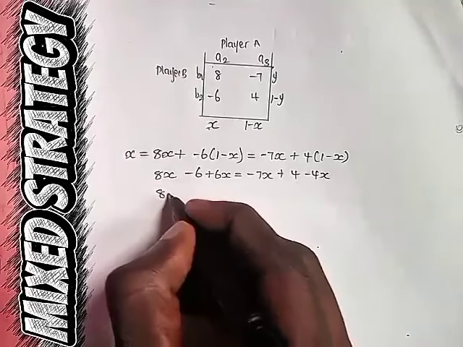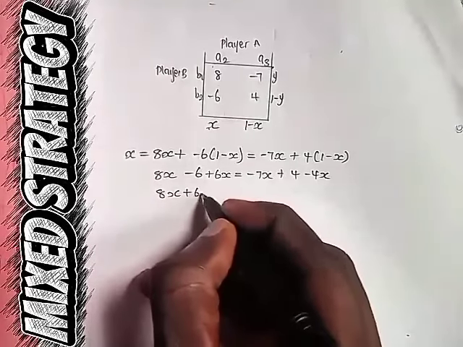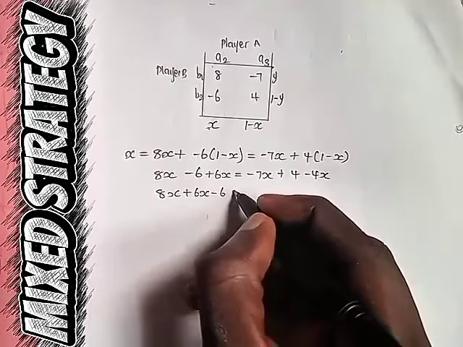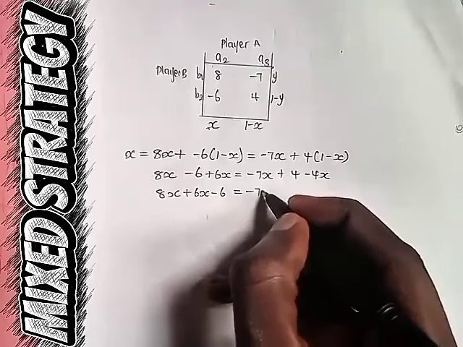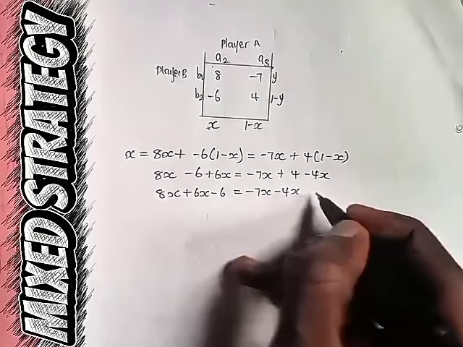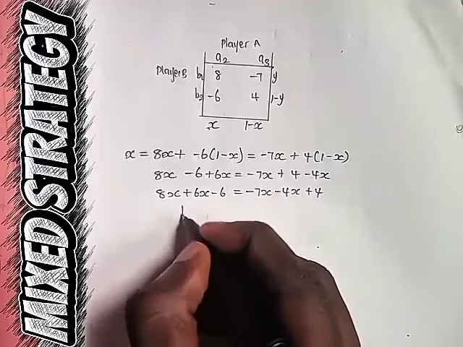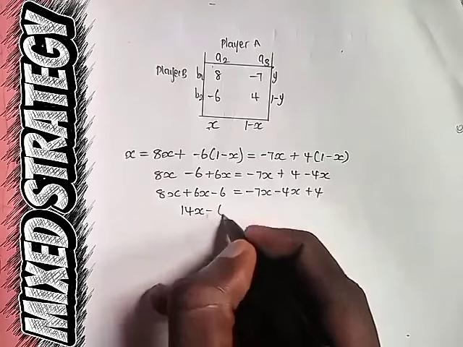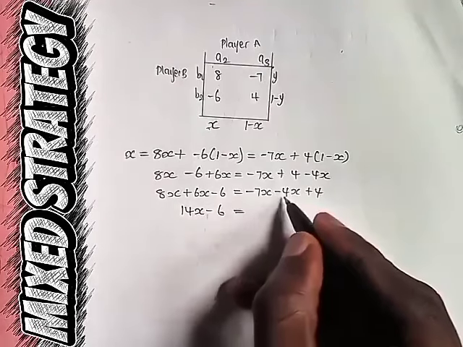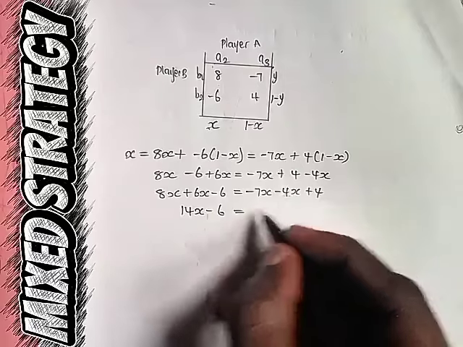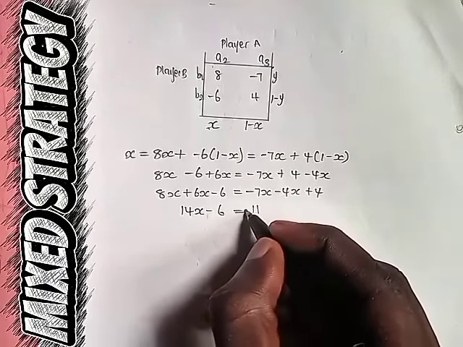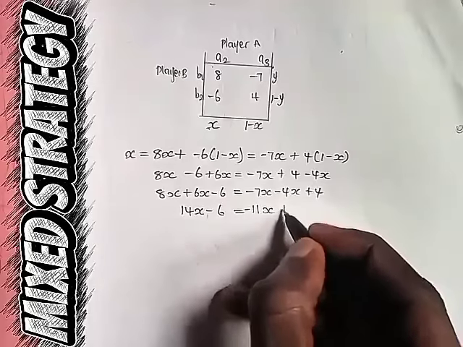So 8x plus 6x minus 6 equals to minus 7x minus 4x plus 4. 8x plus 6x is 14x minus 6, equals to minus 7x minus 4x is minus 11x plus 4.